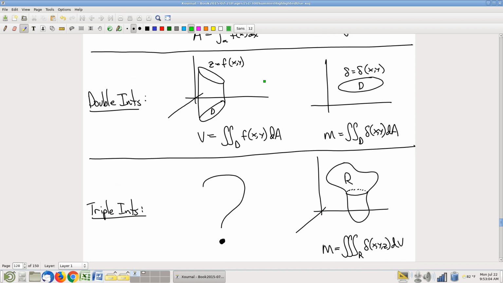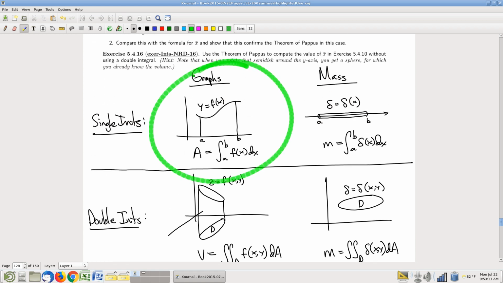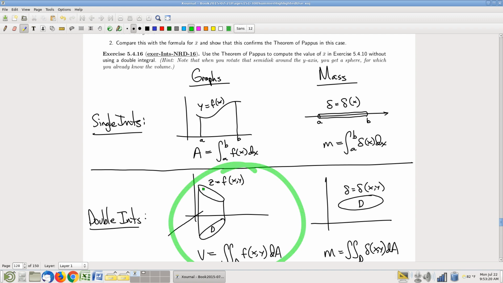I mean, we haven't defined it yet, but let's just notice the pattern, and continue along in that general direction. Here, we're looking at a graph where output is a function of one input variable, we get a two-dimensional picture. Here, output is a function of two input variables, we get a three-dimensional picture.